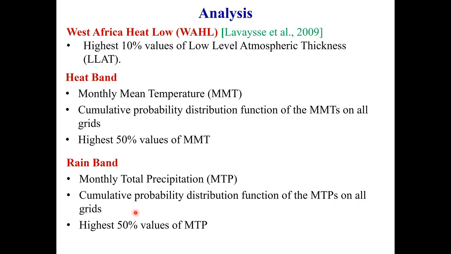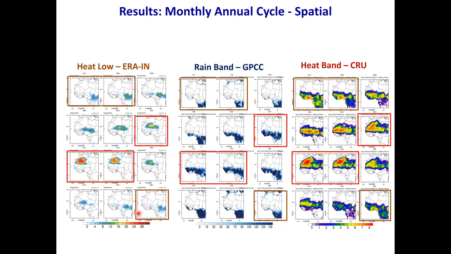So after getting all these 3 features, I am going to show the results to you for the annual cycle. We have the heat low from January up to December, and likewise the rain band and the heat band.